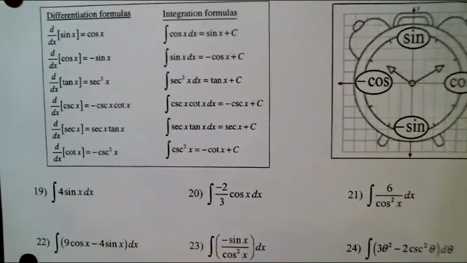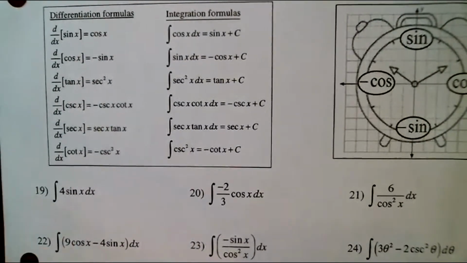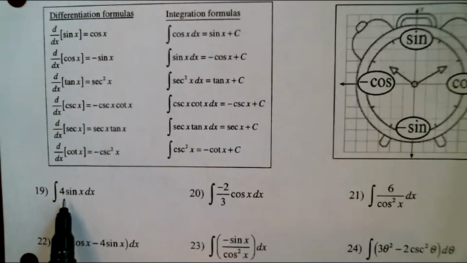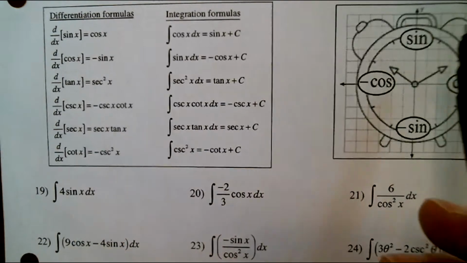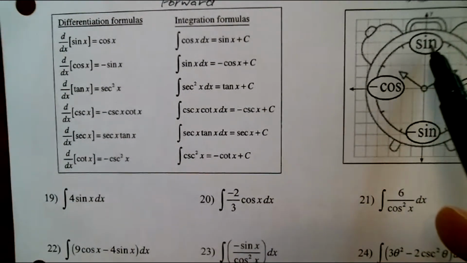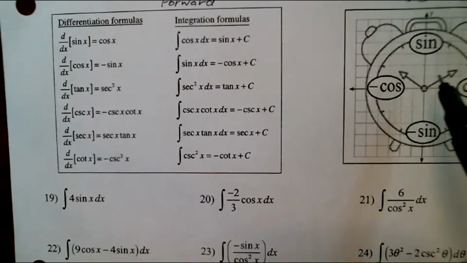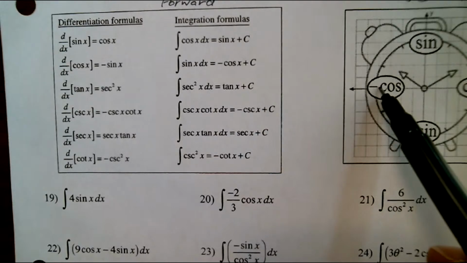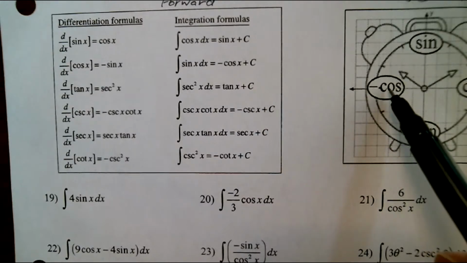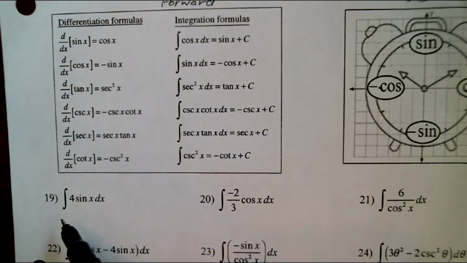Number 19. The integral of 4 sine x. Thinking here, sine, and we're going integral. So on the alarm clock, you go left, and that's negative cosine. 4 is a constant, so the constant rule applies.